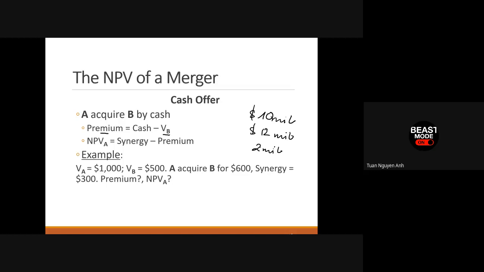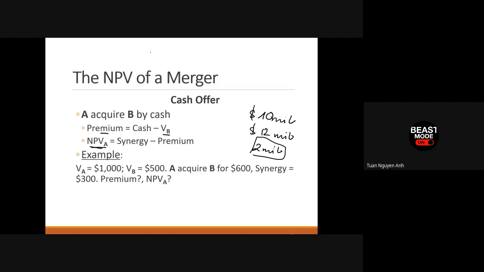Here you can see that if you are company B, you have a benefit of 2 million. And of course, this benefit comes from the synergy that company A expects to receive in the future. So the benefit that is left for company A is the synergy minus the premium.